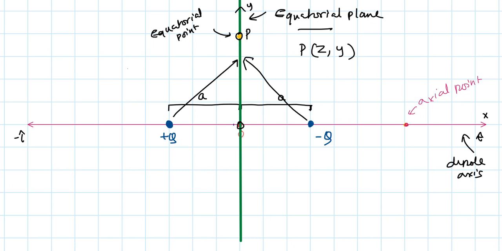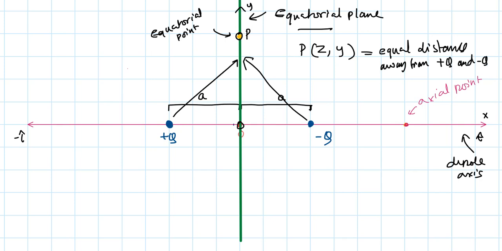So how do you define these coordinates? Any point on this plane will be a point which is at an equal distance away from both plus q and minus q.